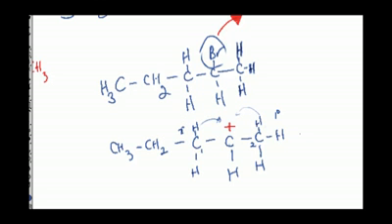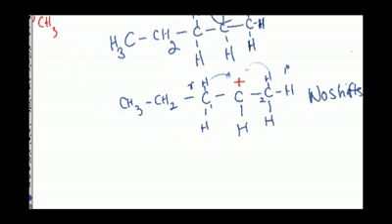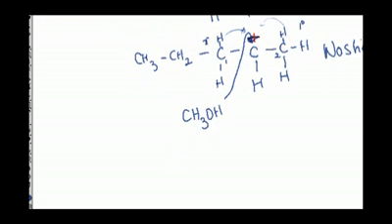So there are no shifts in this case. And what's going to happen is your methanol is going to come in and fuse to this empty p orbital, and you're going to end up eventually with an ether.